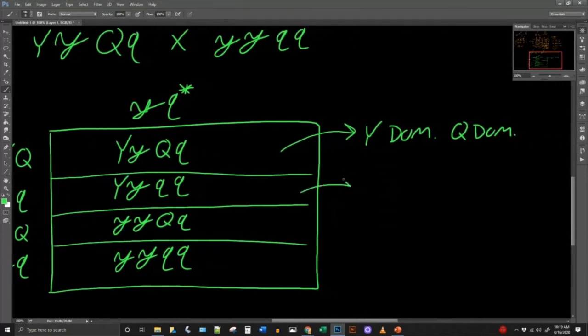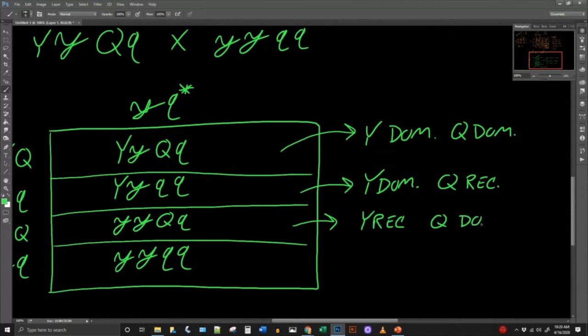This one is Y dominant, Q recessive. This one is Y recessive and Q dominant. And this one is Y recessive and Q recessive.